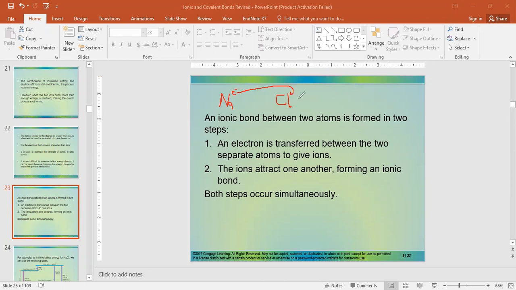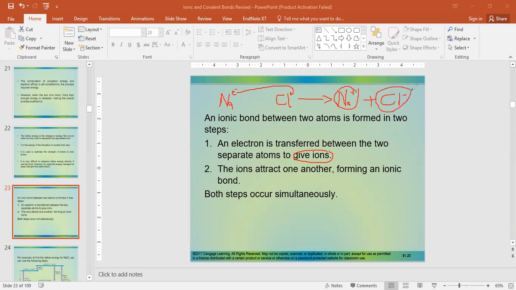And what is this going to form? This is going to form sodium plus and a chloride ion. Once these are formed, these are what we are calling ions here: a cation, and then an anion.